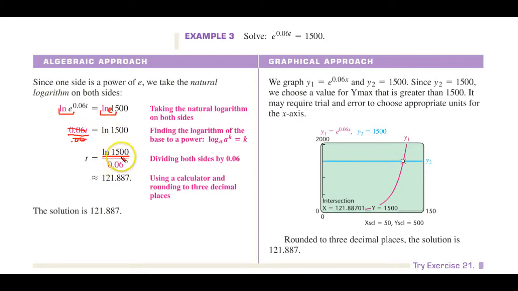Now here it's critical that you be dividing, but this is the natural log of this divided by a number, not a log or a natural log. Again, this is the exact answer. And when you put it in your calculator, you get this.